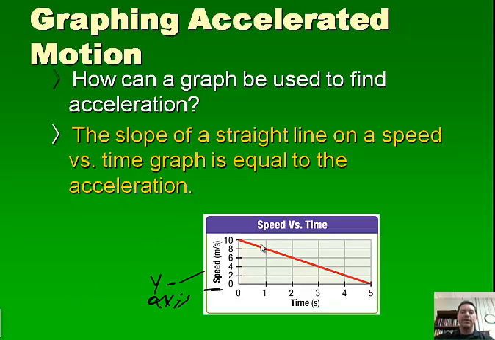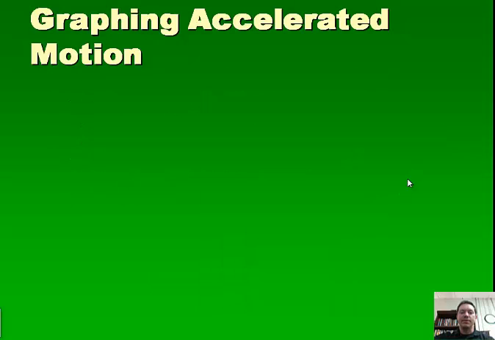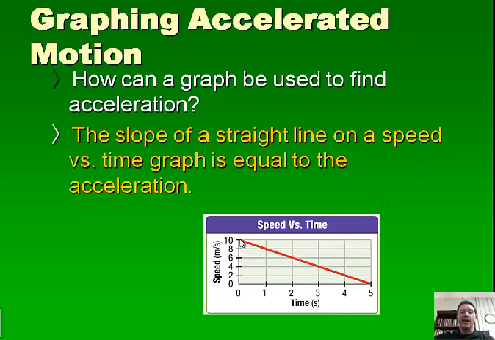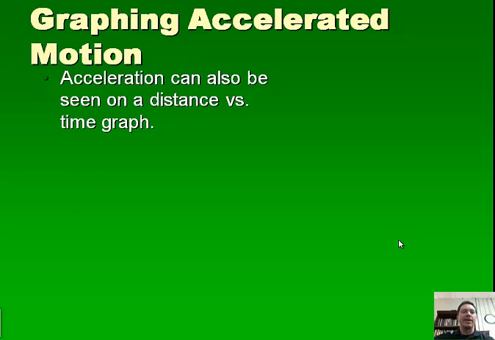Speed versus time gives us an acceleration. And we'll see in a minute here that when this line decreases or goes down, we've got a negative acceleration or deceleration. We're slowing down on that particular graph.